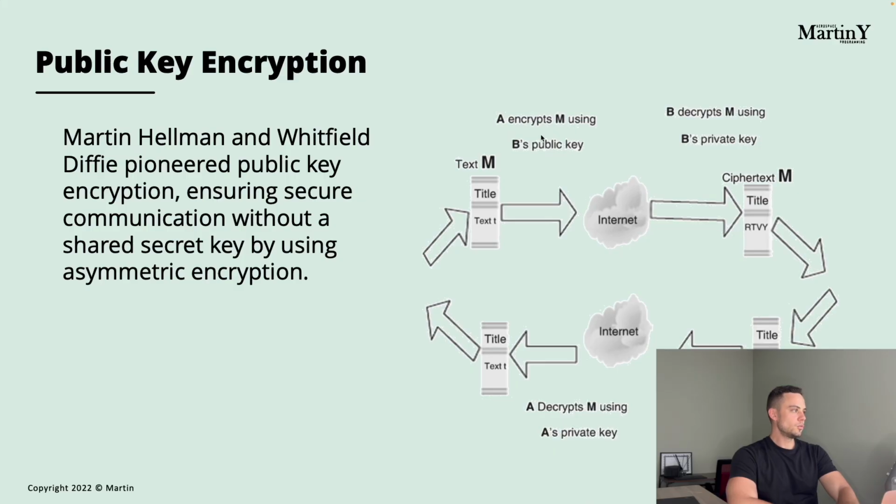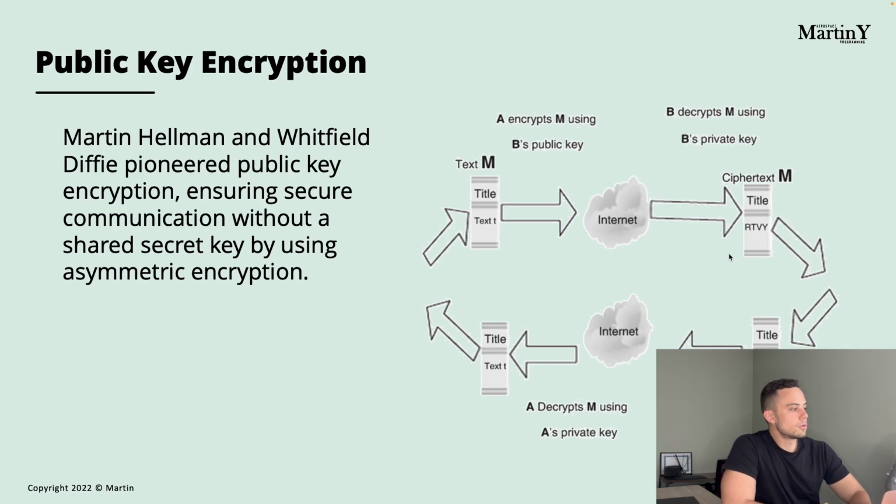A will encrypt the message with B's public key. This is the same as putting the mail into B's mailbox. Then B is going to go to their mailbox and decrypt the message with their private key. This is how we open the mailbox and actually read the message that A sends.